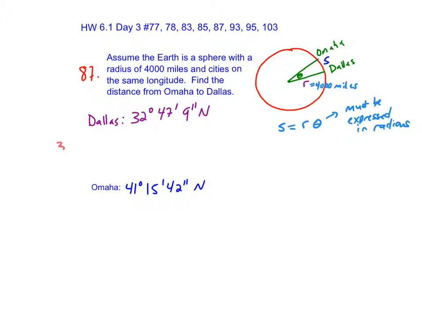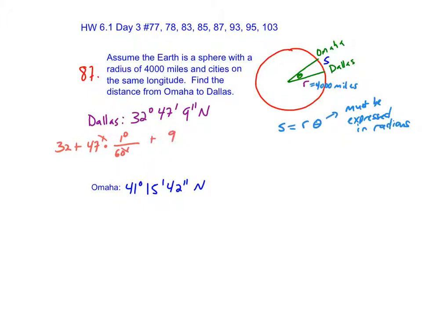So Dallas, I have 32 degrees plus 47 minutes. And remember the conversion from minutes to degrees. So I'm going to have 47 minutes times there are 60 minutes in 1 degree. So that's going to get that into degrees.